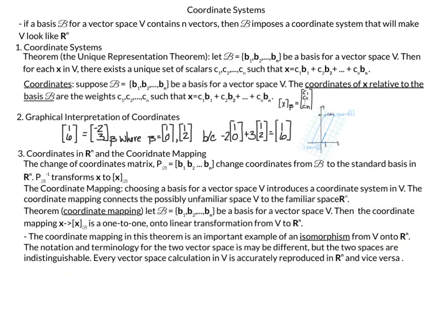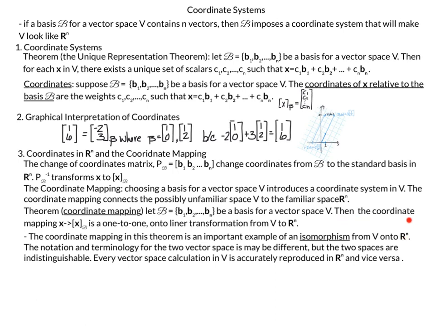We have this theorem that says the coordinate mapping represented by the matrix over here, P of B, is a one-to-one onto linear transformation from V onto Rn. And the significance of this is when you have a one-to-one onto transformation, you have an isomorphism. And what isomorphism means is your two spaces, V and Rn, are essentially the same, that the vectors in V are essentially a renaming of the vectors in Rn.